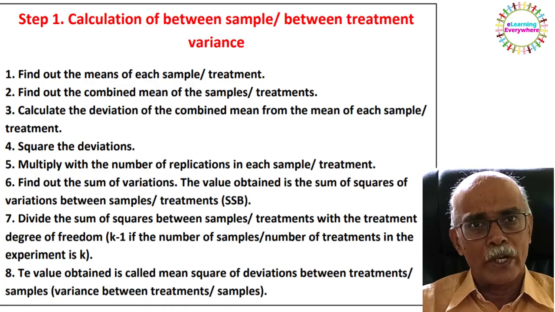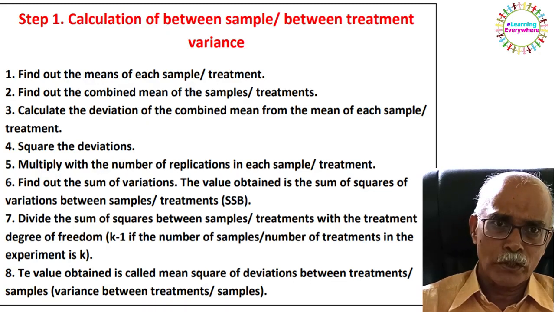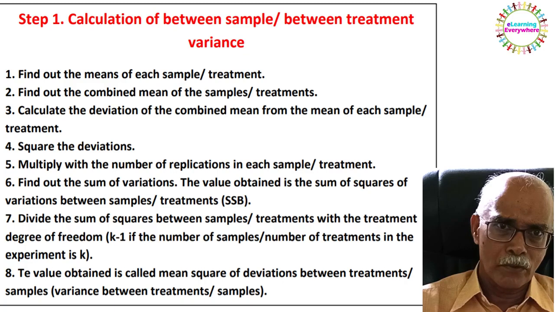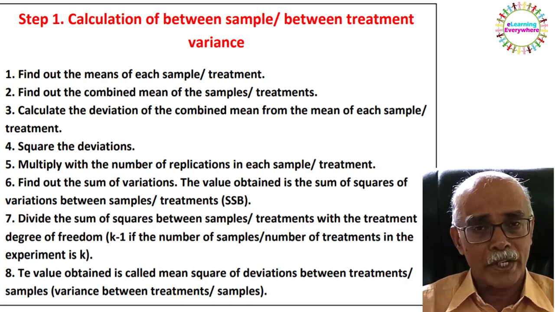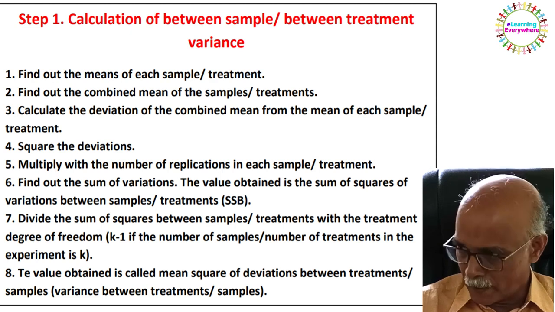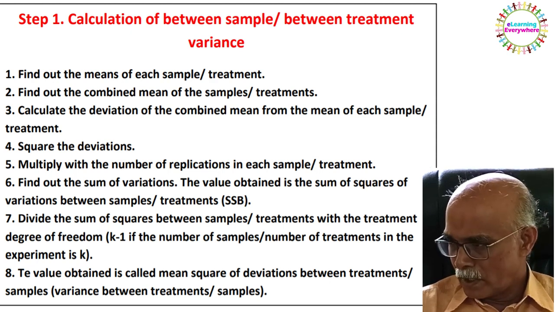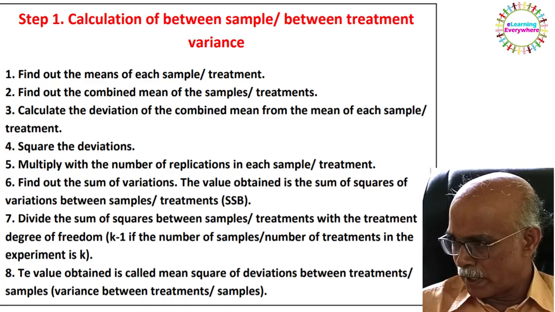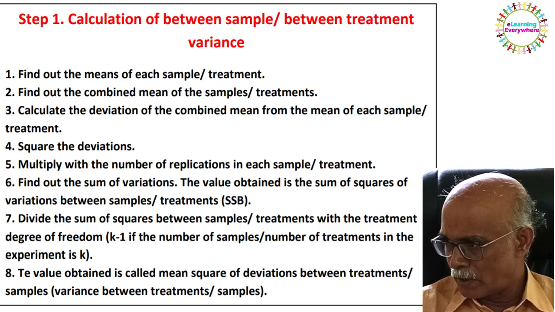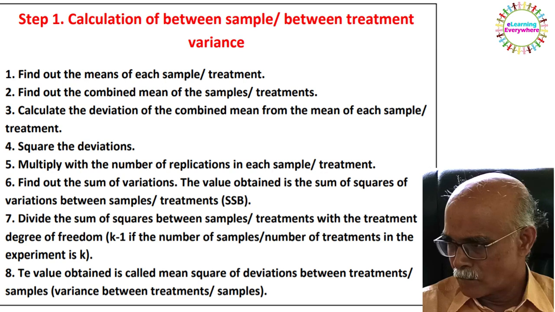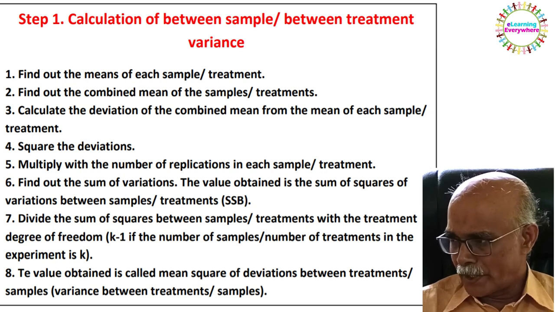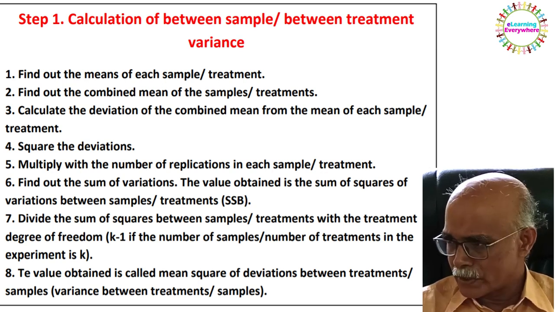Then you have to square them. If there are 5 treatments, you will have 5 values, or if there are 5 samples, you will have 5 values, and you square the deviations to get d square. You multiply by the number of replications in each sample or treatment, and you find the sum of the variations.